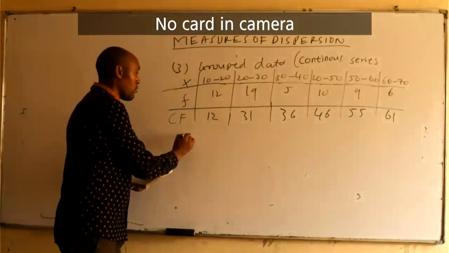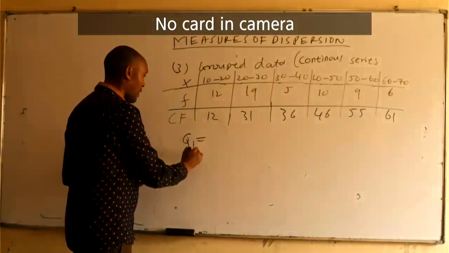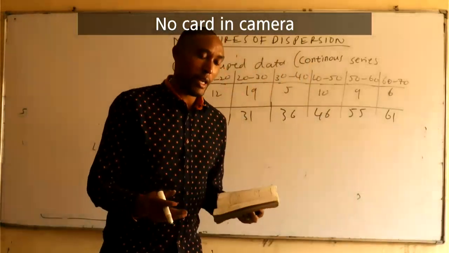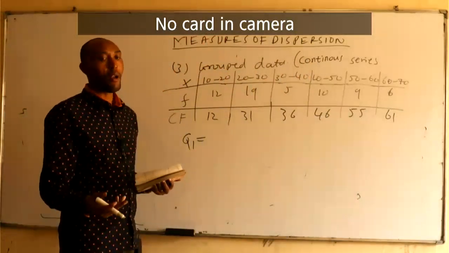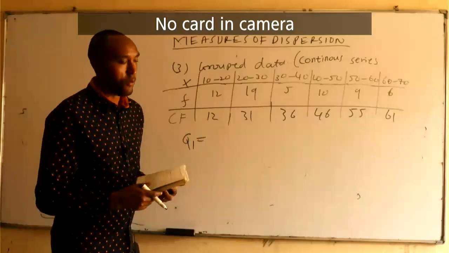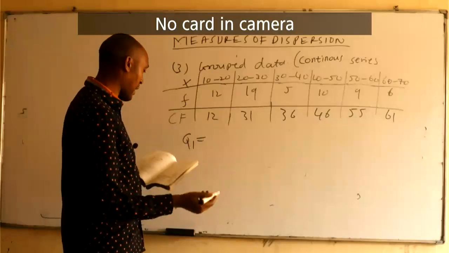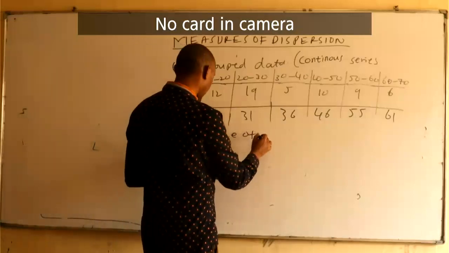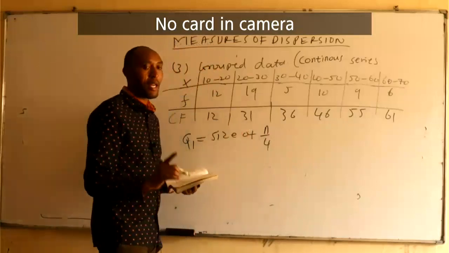Now we need to get Q1 first, and the formula for a continuous series is not the same as the one we use for the discrete series. But the size of our nth item remains the same: n over 4.